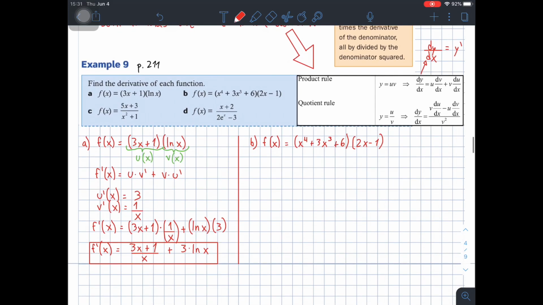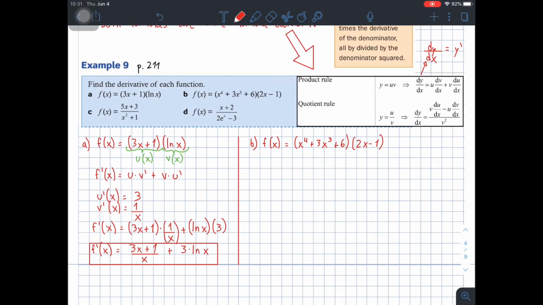Okay, so you'll see that this process gets easier. You can solve this mentally. You don't need to write all of this in order to find this. For example, if I want to find the derivative of f, this would be f prime of x. If you know the rule, you know it's u as it is.